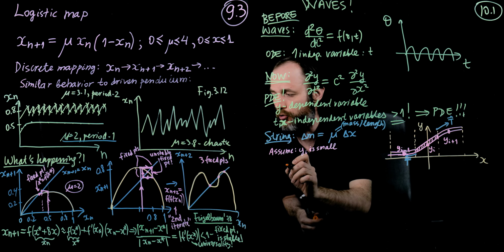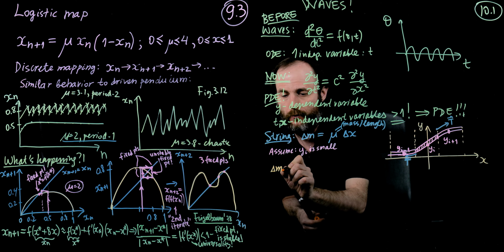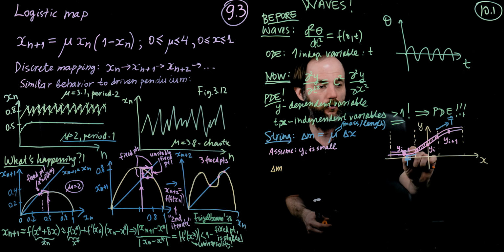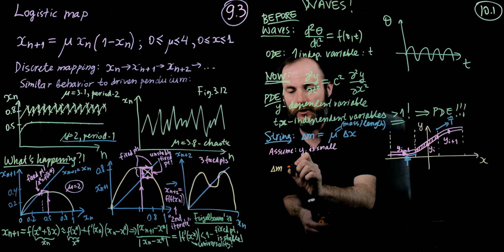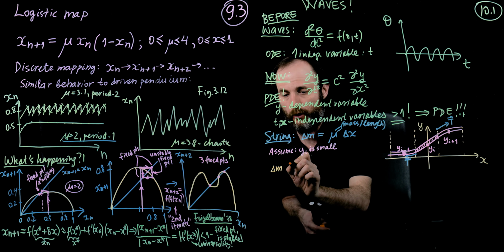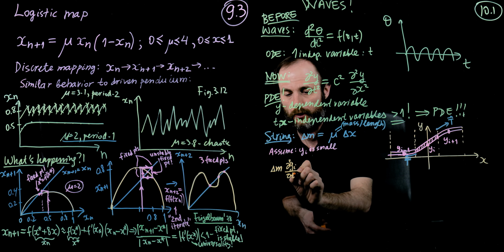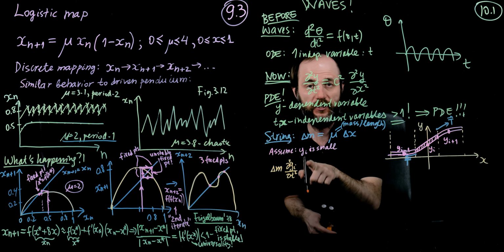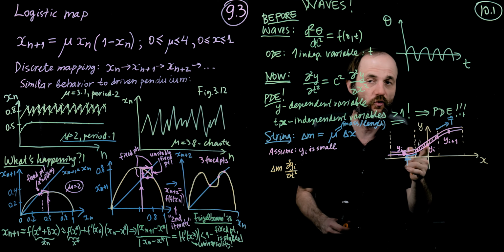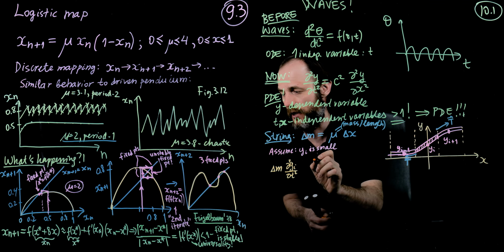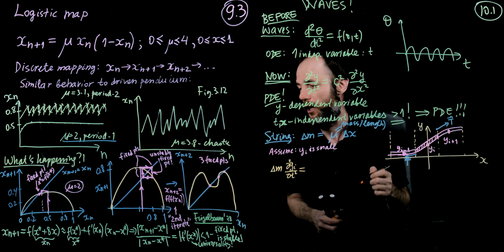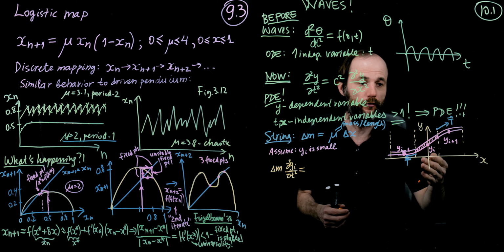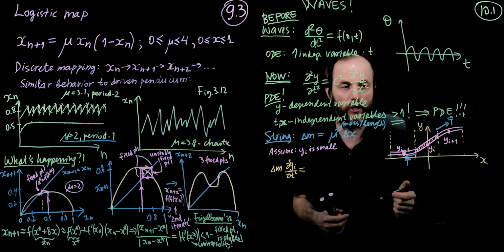So we're going to write out that delta m, the mass of this element associated with our coordinate y, times the acceleration, the second derivative of yi with respect to time, is going to be equal to the sum of all the forces projected along the y direction, right?